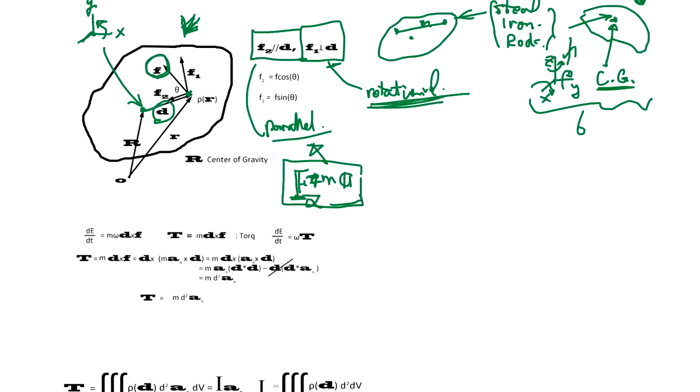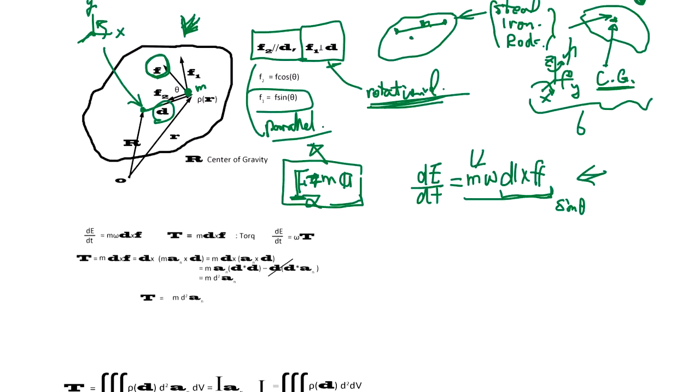Okay, so we manipulate the equation a little bit. dE over dt is mω d times f, and this m is a small portion of mass, and we cover this with the circular motion equation, and the outer product of the d and f vectors gives the sine component, which is the orthogonal component.